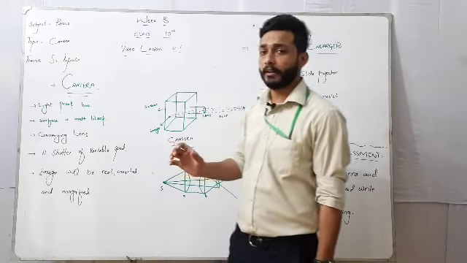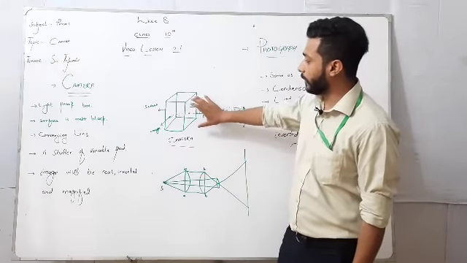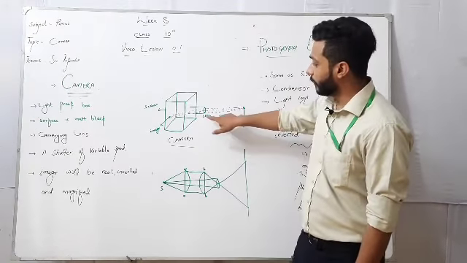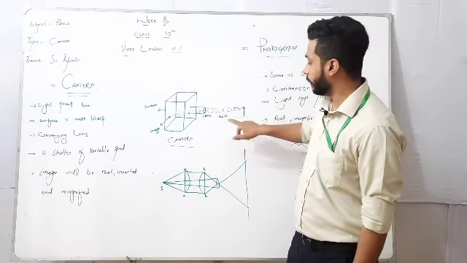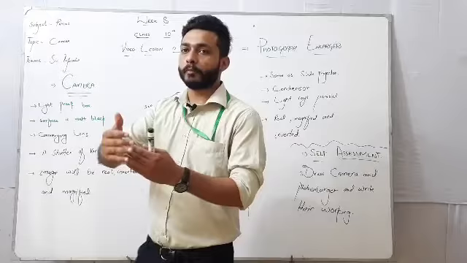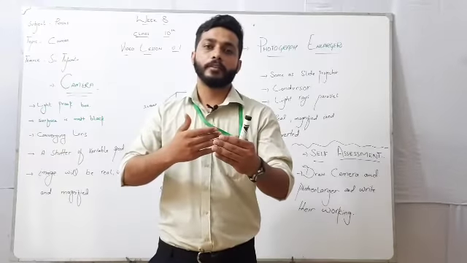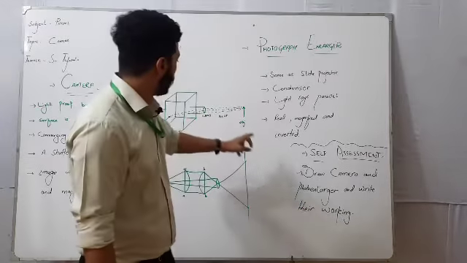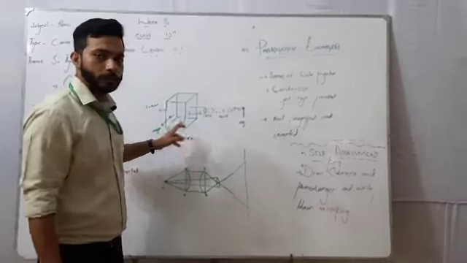If you look at the diagram, you will see that we have a matte black box, then there is a lens on it and we place our object here. What will happen? The light rays from the object move into the lens and fall on a screen, and all of them will meet here and form an image.